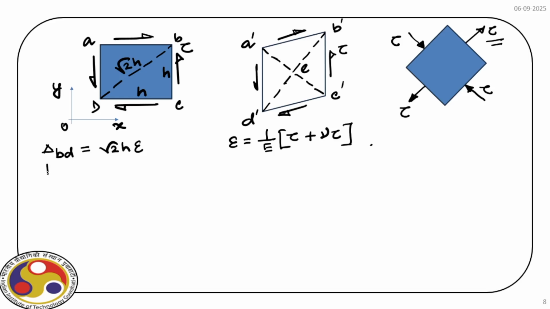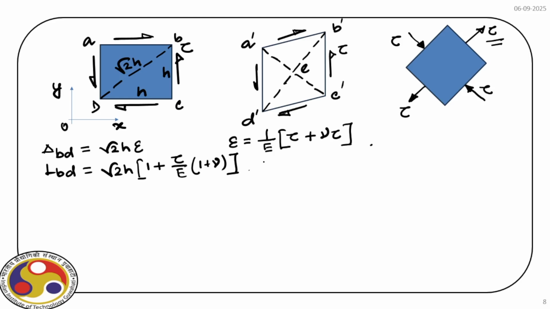That means L BD, that is the total length, we can now quantify, it is root 2 H, within bracket, we have 1 plus tau by E times 1 plus nu. Right?